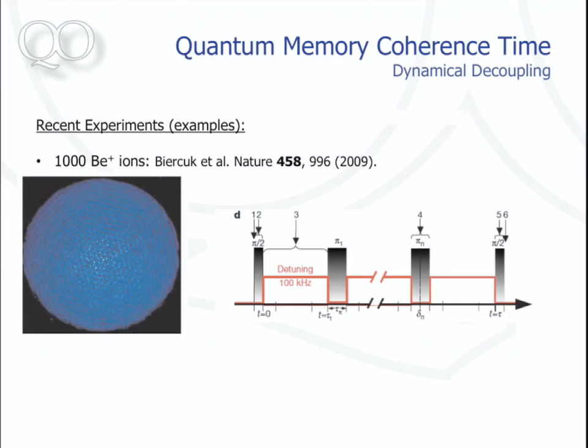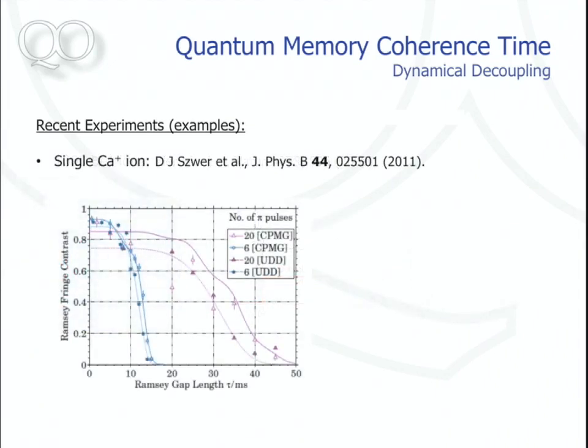In this particular experiment, the quantum memory has been stabilized using pulse dynamical decoupling, so-called CPMG sequences, which are sequences of pi pulses with a certain timing, used to extend the coherence time of a quantum memory in a calcium ion. And you see the more pulses you invest, the better your coherence time gets.